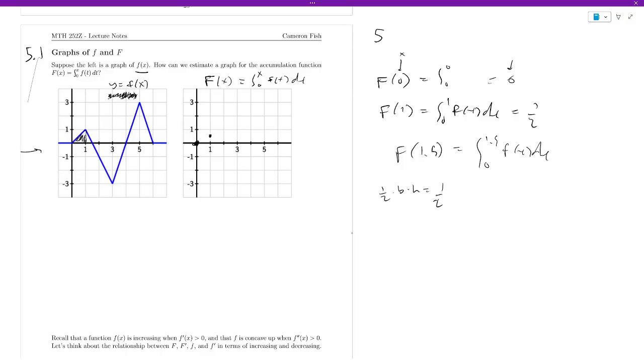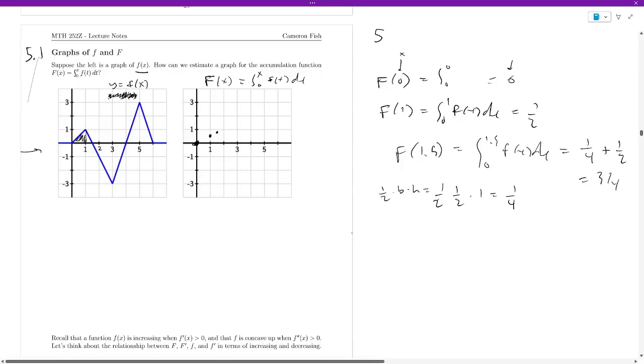The base is, this is 2 here, so the width of the base is 1/2. And the height is 1. So that area is 1/2 times 1/2, so we get 1/4. That's on top of what we had already. So the 1/4 is the new extra part plus the 1/2 we got before. So that's 3/4. So I know this area is going up. By the time we get to 1.5, it's up here at 3/4.